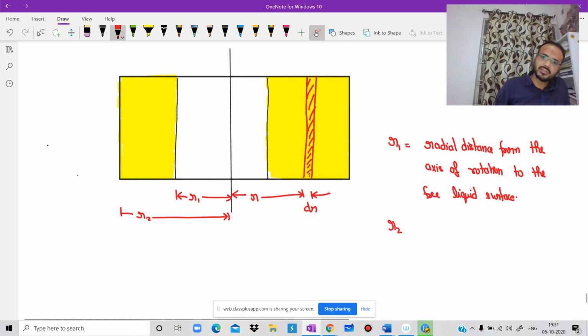And R2 is the radius of the bowl, and this entire mass is indicated by this one.